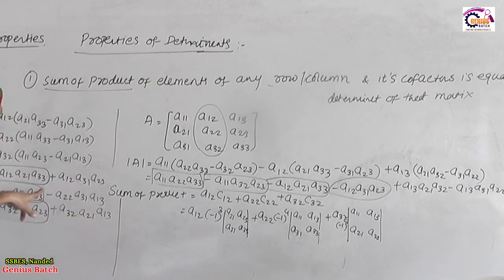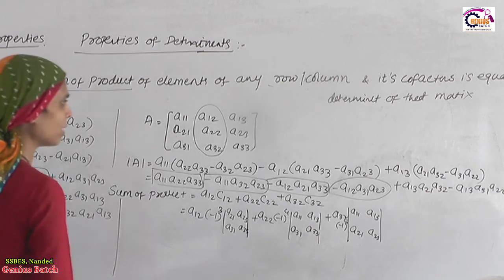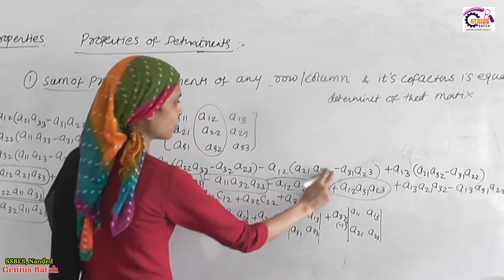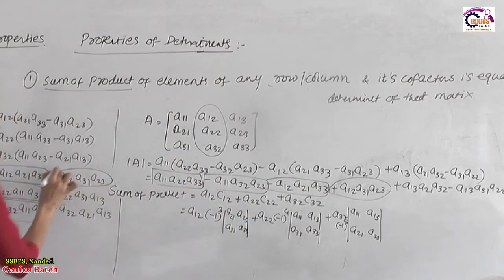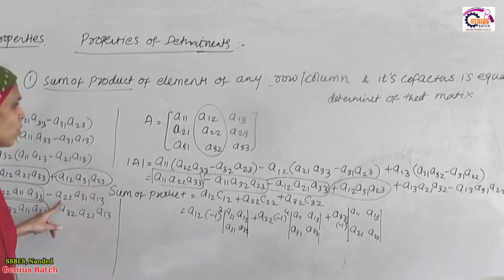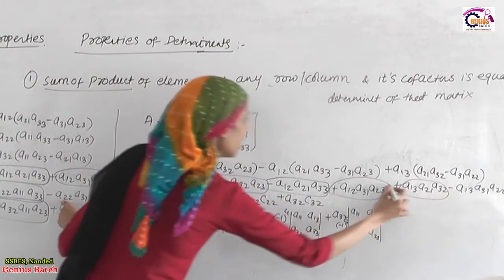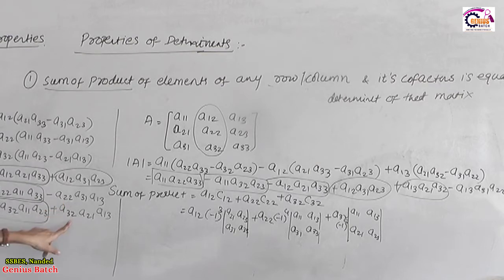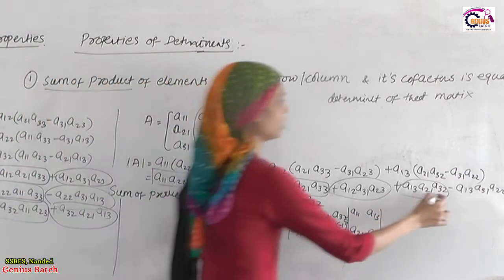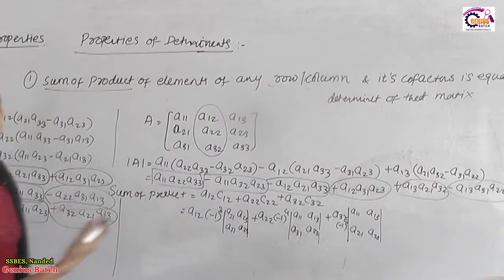A12, the term is here, minus of minus will be plus, and here is the term A12, A31, A23. Then A13, A21, A32 is this term, and this is the last term. So see, we got the same expansion.